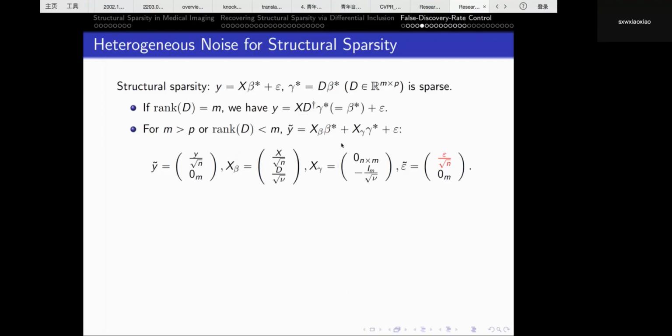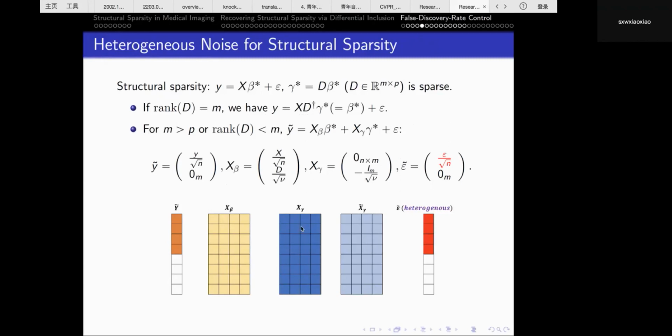And in the scenario of structural sparsity, when we consider the FDR control of the gamma, if the D has full column rank, we can inversely solve the gamma from the beta and can construct the copy following the standard knockoff procedure. But this is intractable when D is not full column rank. So therefore, we formulate this problem in the joint beta and gamma space with heterogeneous noise.